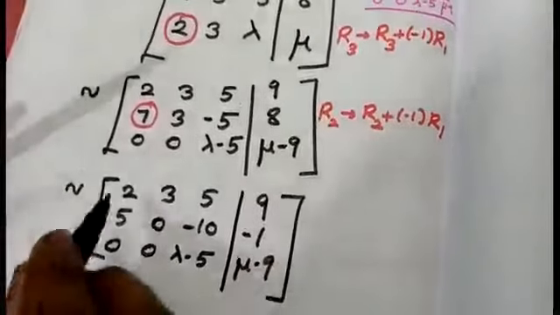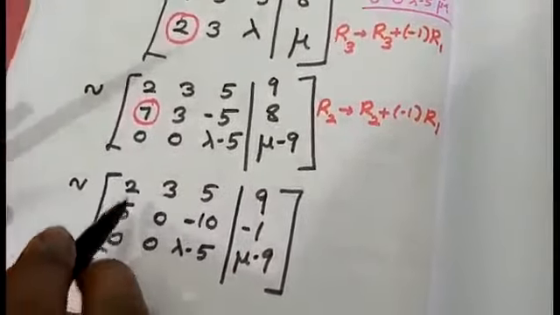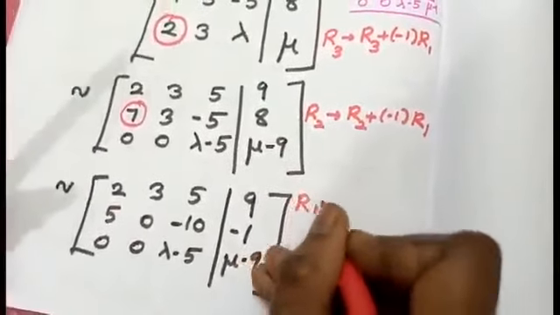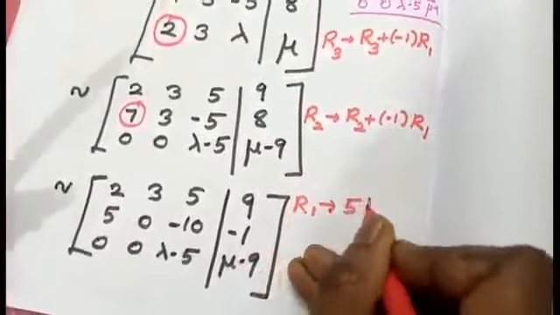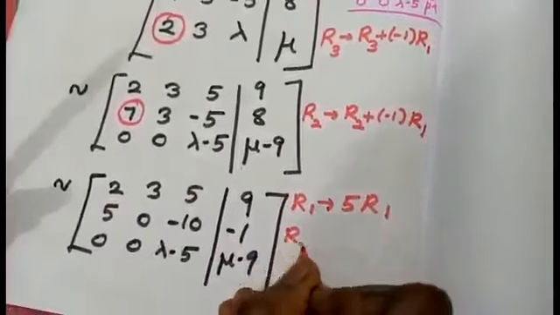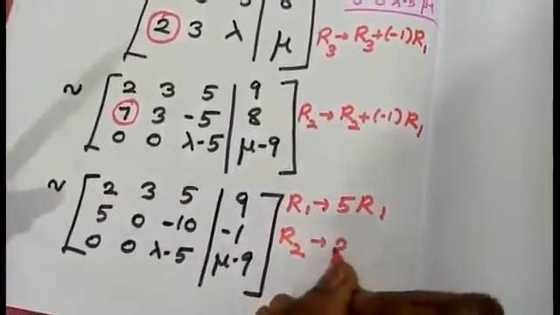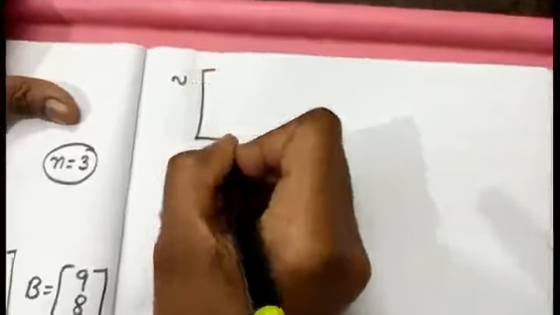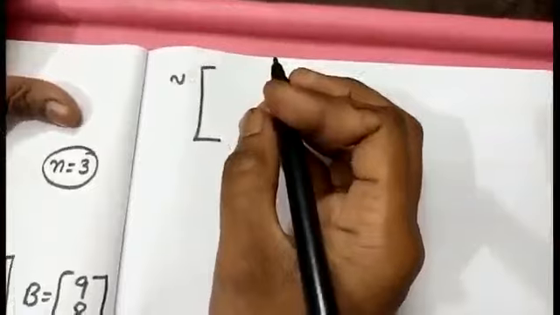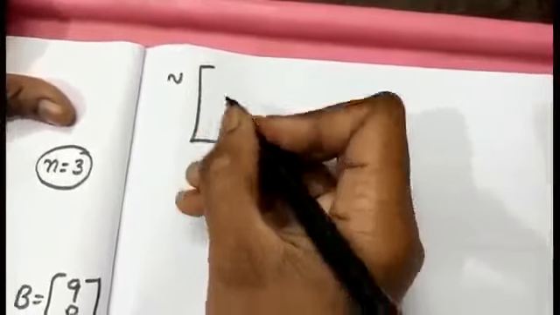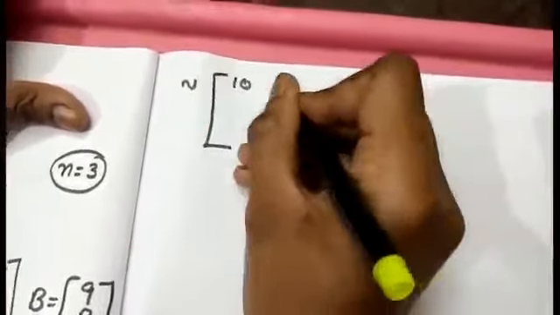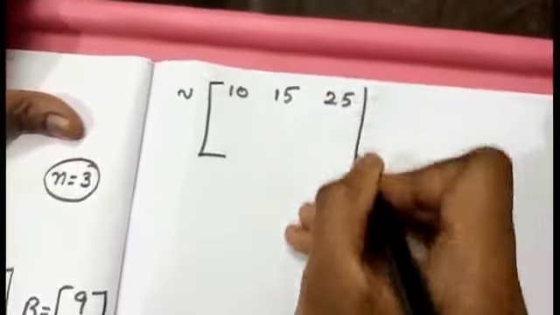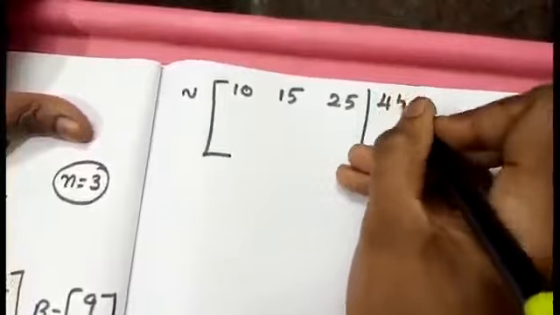Now, 5 twos are 10. So what I am going to do here is multiply R1 by 5 and R2 by 2. If I multiply, I will get 10, 15, 25, 45.